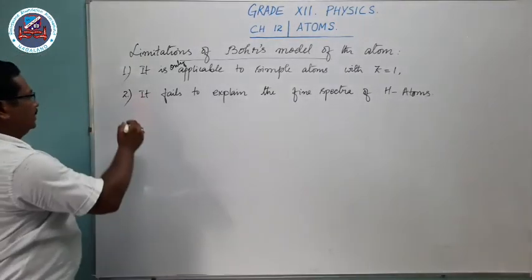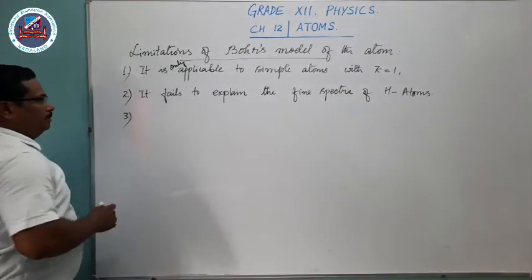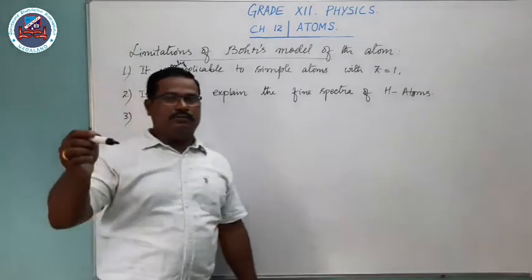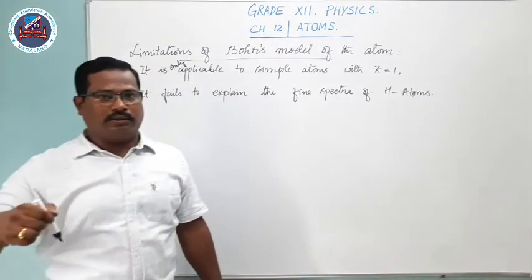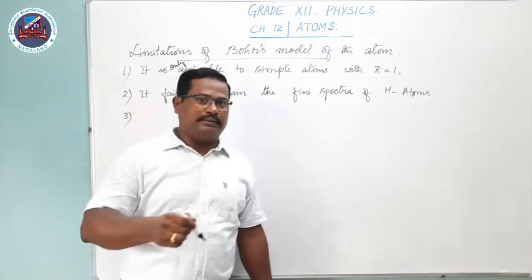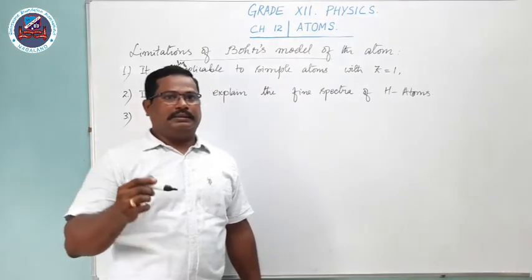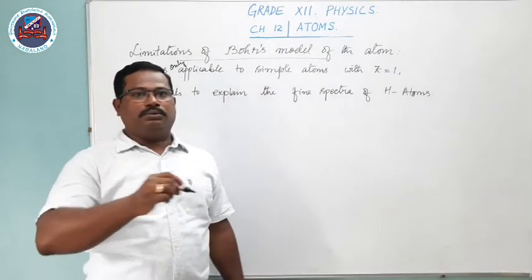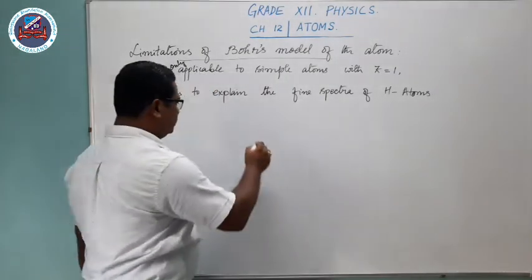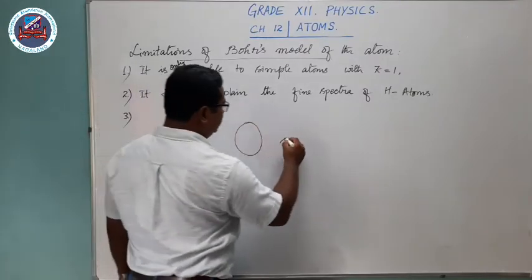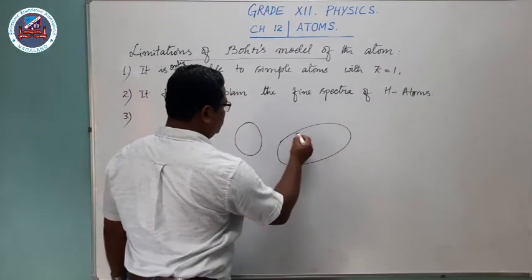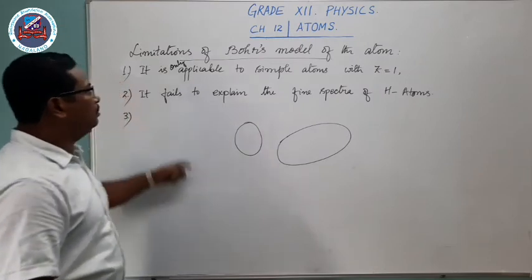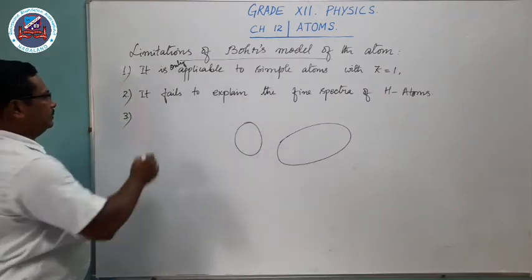And then the third one, Bohr said that the electron revolves in a circular orbit, but now we know that there are some orbits which are elliptical, not circular. So this part also Bohr failed to explain.